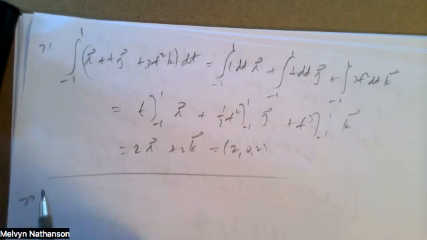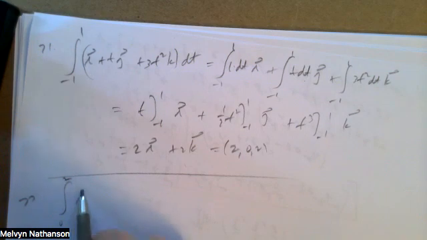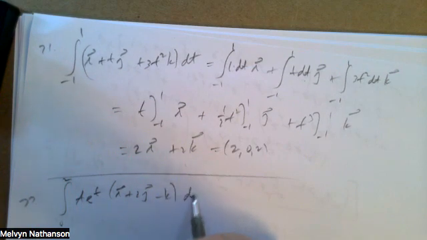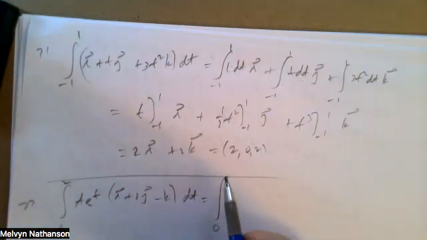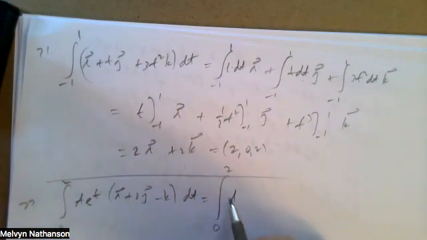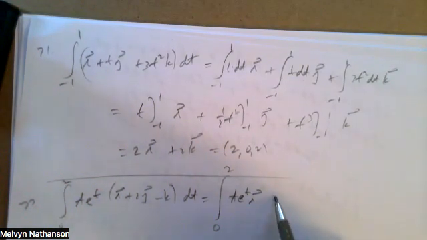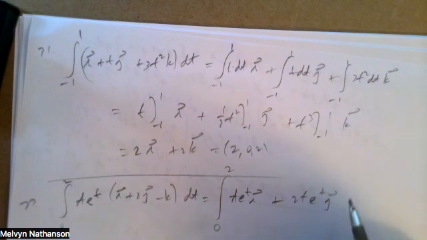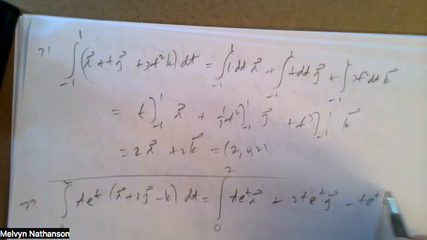Problem number 77 is the integral from 0 to 2 of t e to the t times the vector i plus 2j minus k dt. That's the same as the integral from 0 to 2 of t e to the t i plus 2t e to the t j minus t e to the t k.